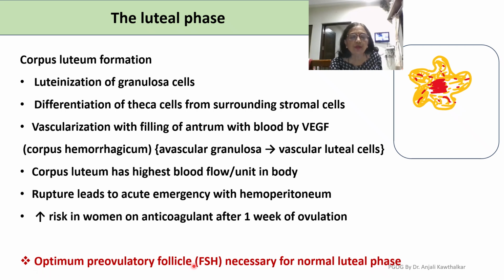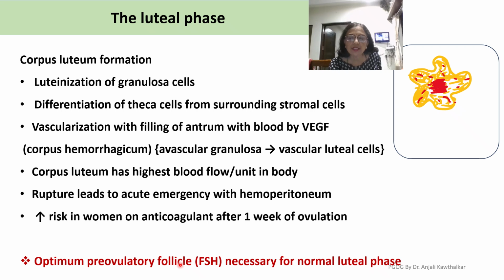Optimum pre-ovulatory follicle, or optimum FSH action, is necessary for a normal luteal phase. This is another important concept: so many times we say that there is luteal phase insufficiency. But it is not that the corpus luteum itself is insufficient. It depends on how the follicle grows. How many FSH receptors are there in the pre-ovulatory follicle?